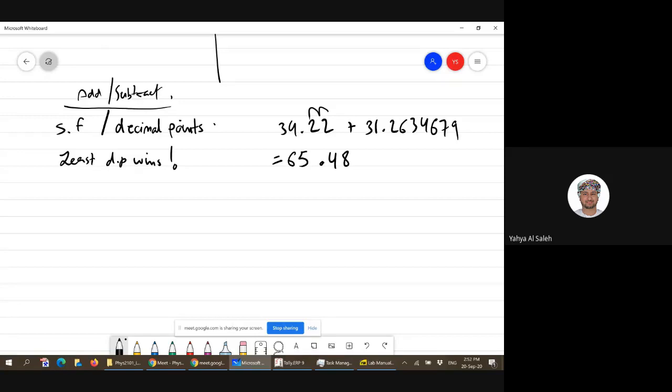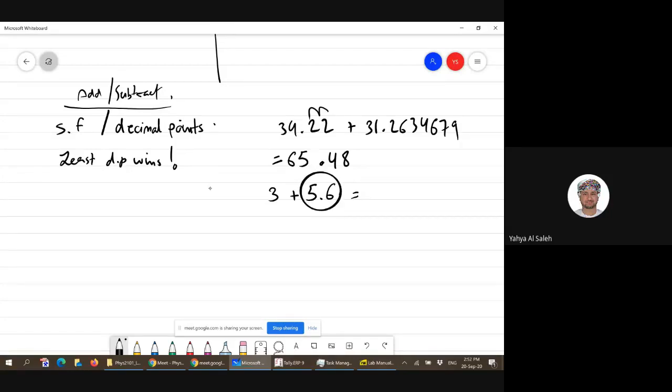What if I have 3 plus 5.6? What should my answer be? One decimal place. How many decimal places do we have in 3? Just in 3, we have none.